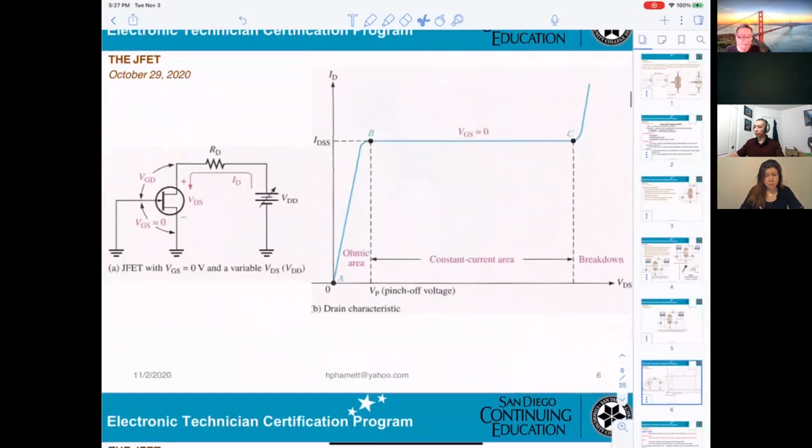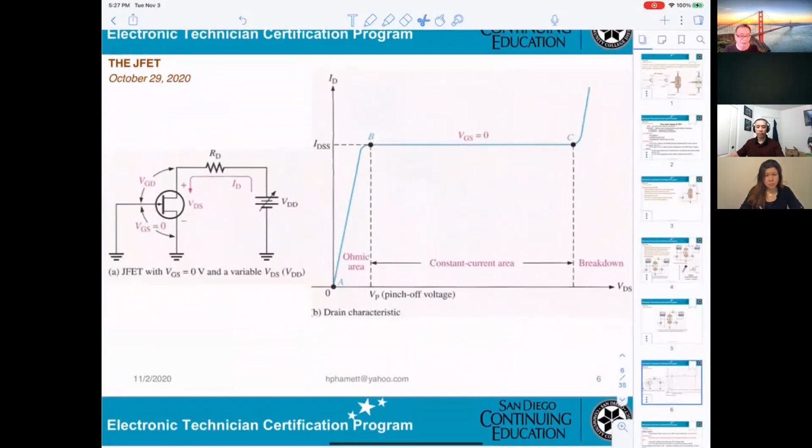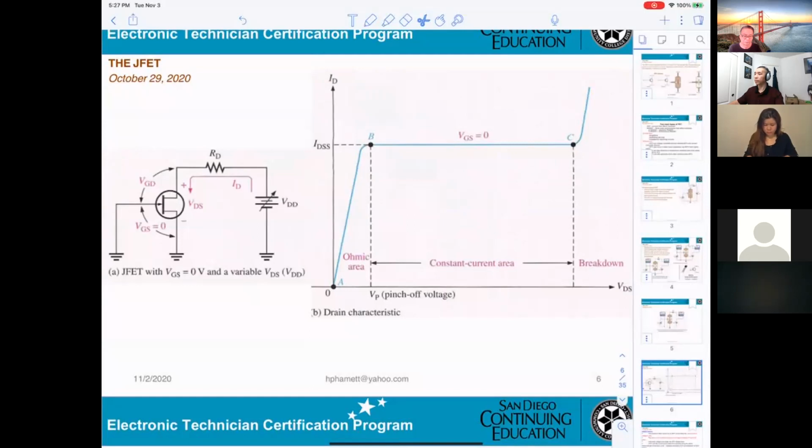This thing here you must remember. What is the VP, the pinch-off voltage? That's the voltage at which the current ID becomes constant. Exactly.